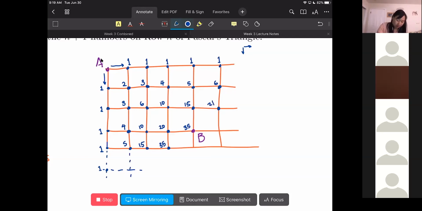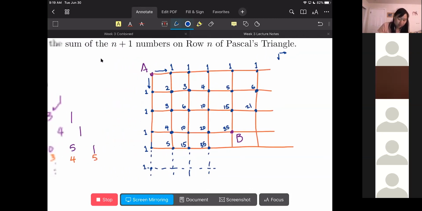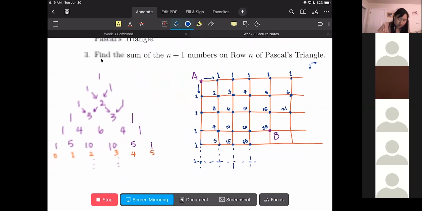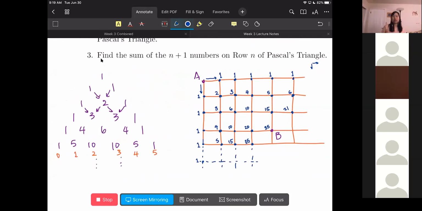We could keep going on the grid if we wanted to. But what have you guys noticed about these numbers here? And then I'll scooch back over to Pascal's triangle over here. You see any similarities? It follows the way we identify Pascal's triangle. You add the numbers in the previous row in pairs to give the next number.